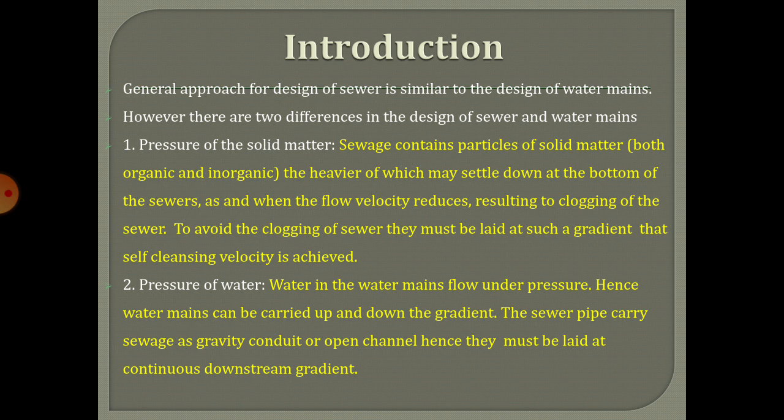So, it is better to lay them at a continuous downstream gradient. In exceptional cases, if pumping facilities are provided, we can provide the sewer pipes on an upstream gradient also.